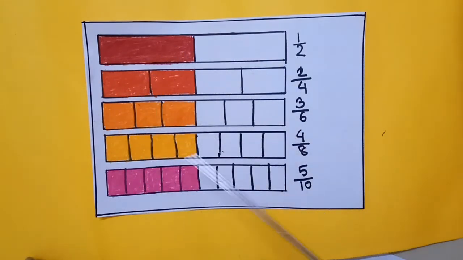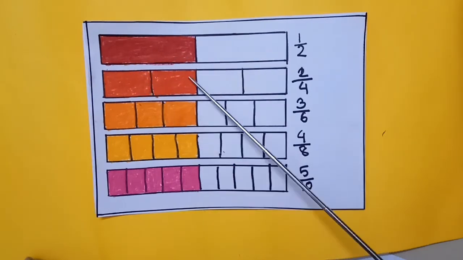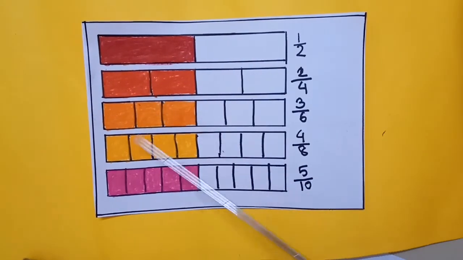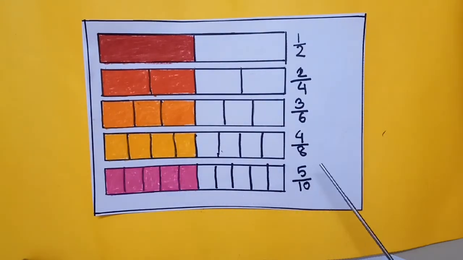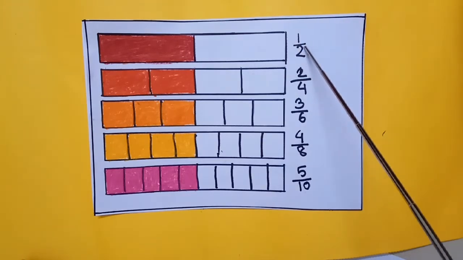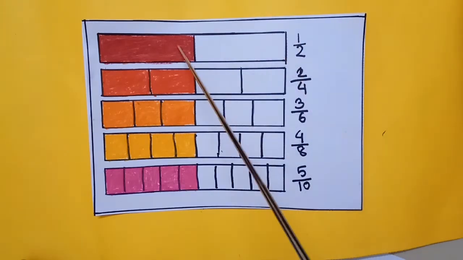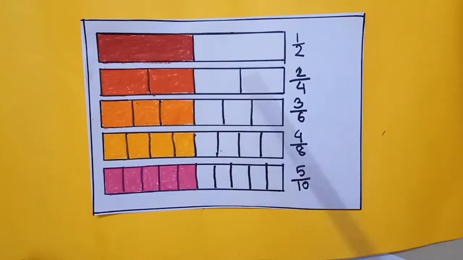This is the drawing. This one is half, then 2/4, 3/6, 4/8 and 5/10. Now we have to compare them with half. Half and 2/4 are equal. Then 2/4 and 3/6 are also equal.